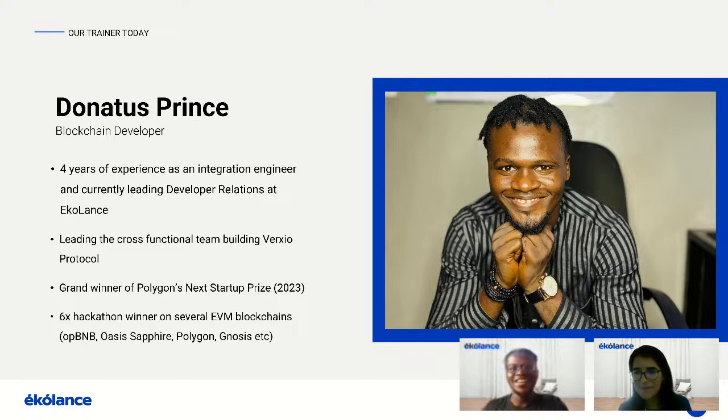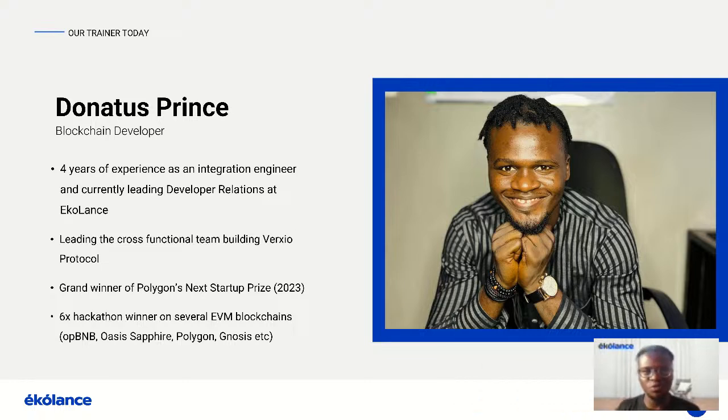All right. So, guys, good evening. My name is Anatus Prince, and it's amazing to be here. I am a blockchain developer, and currently I'm leading developer relations here at SUBE. I have 4 years experience as an integration engineer.